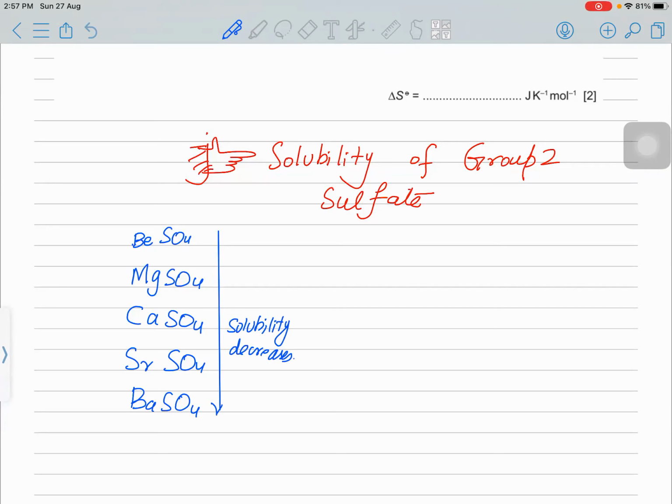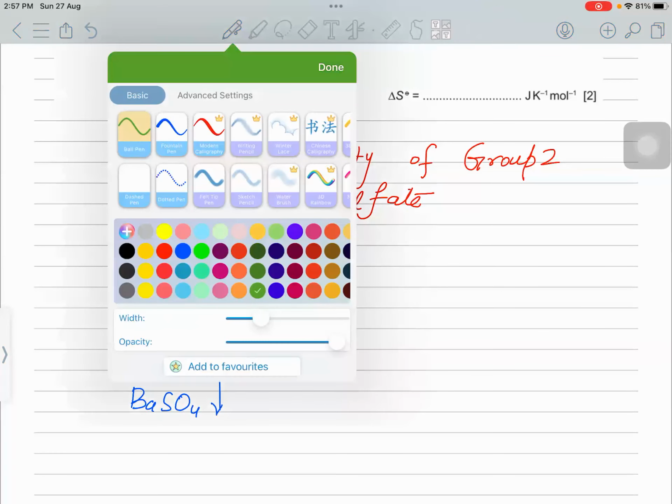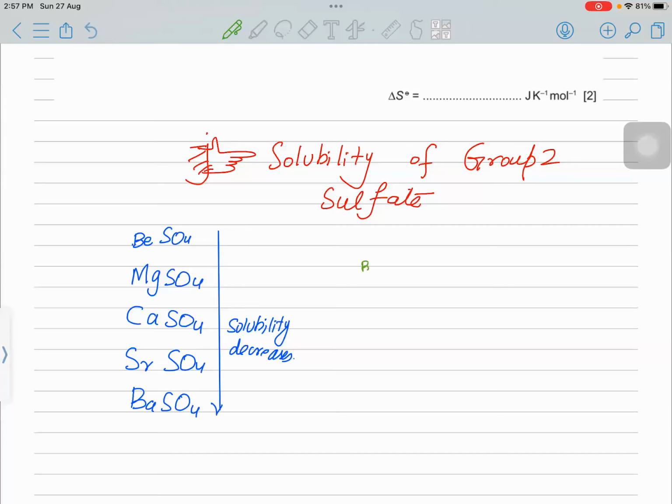Now consider beryllium sulfate. This is beryllium 2 plus and this is sulfate, with a 2 minus charge.